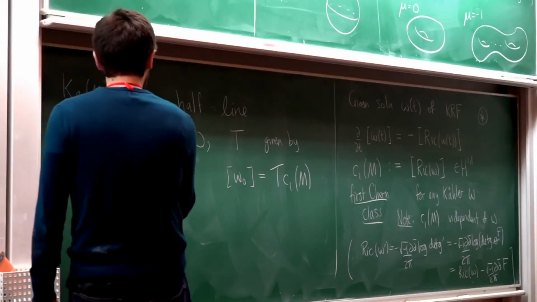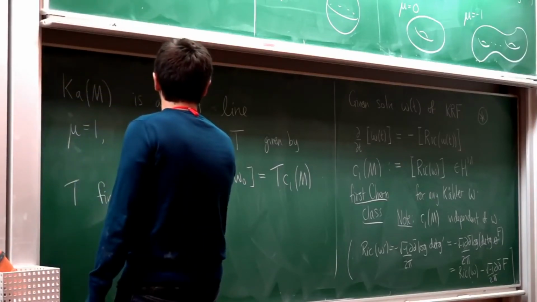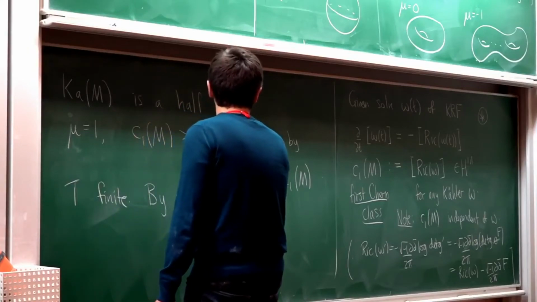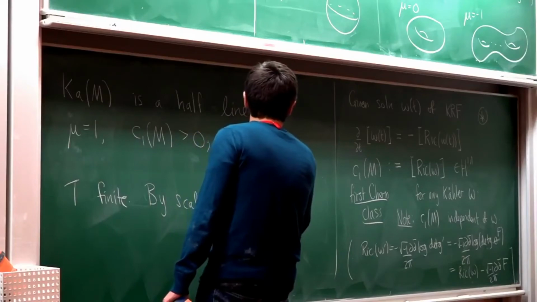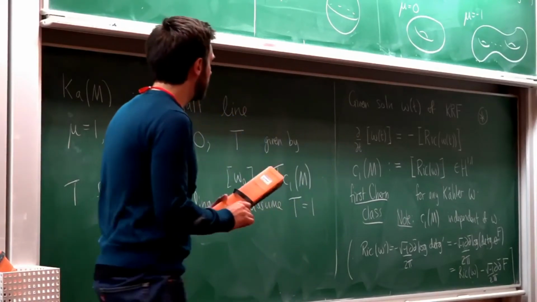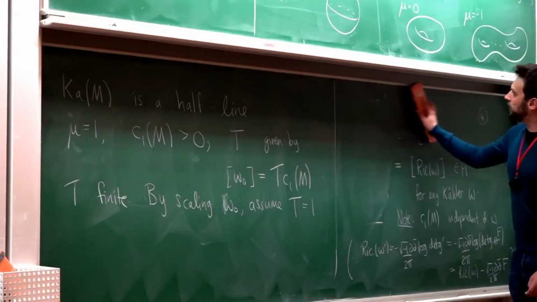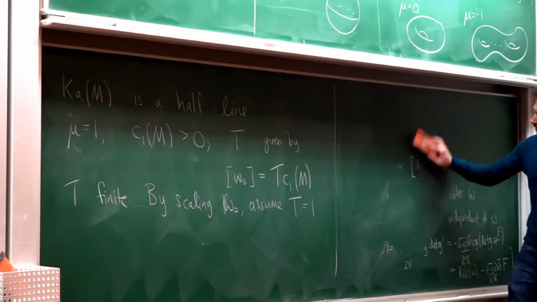And again, by scaling omega naught, the initial metric, let's assume that capital T is 1. So what we see in this case is that the maximal solution of the Kähler-Ricci flow exists on time 0 to 1.